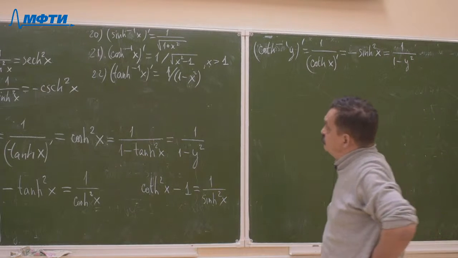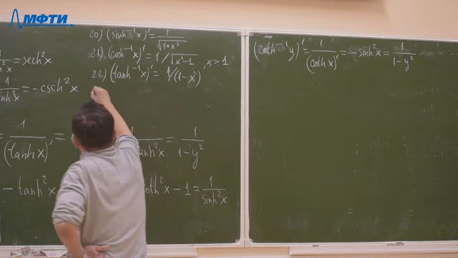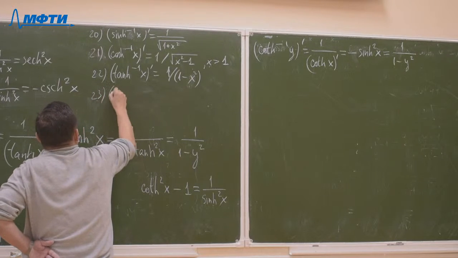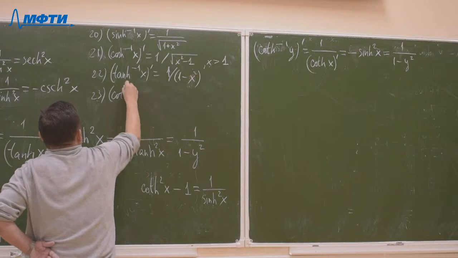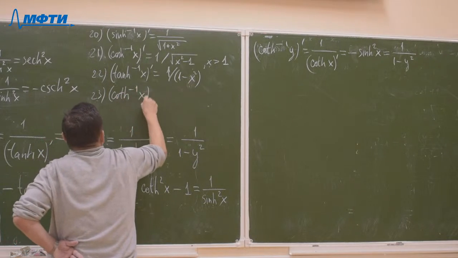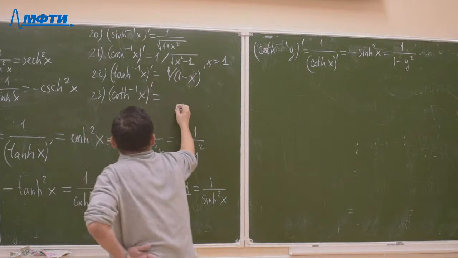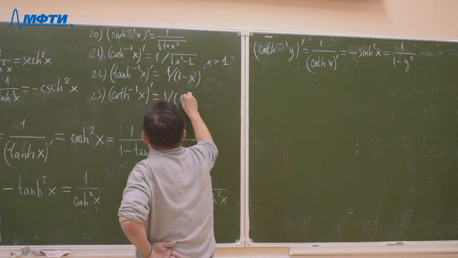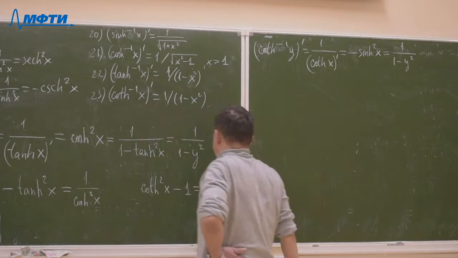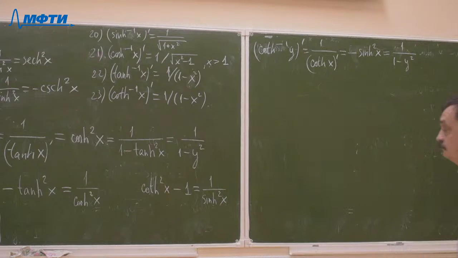So same expression. Number 23: cotan hyperbolic minus 1 is 1 over 1 minus x squared. Okay?